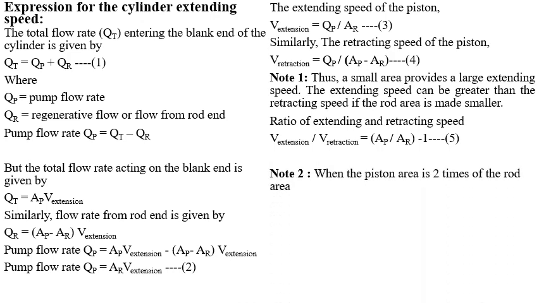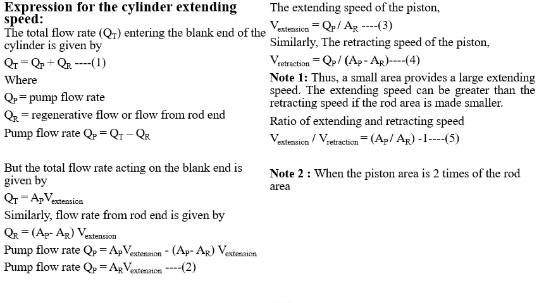Now we will move on to note 2. When the piston area is 2 times the rod area, the extension and retraction speeds are equal. In general, the greater the ratio of piston to rod area, the greater is the ratio of extending speed to the retracting speed.